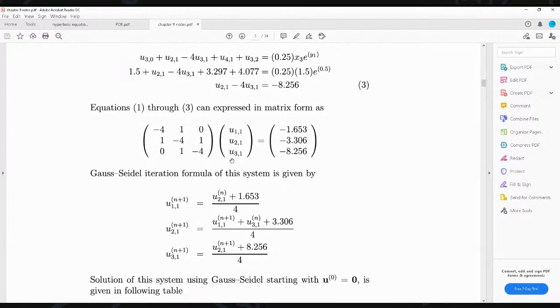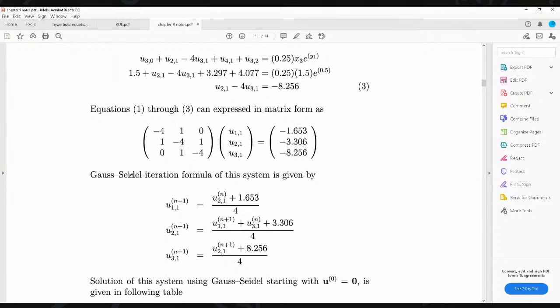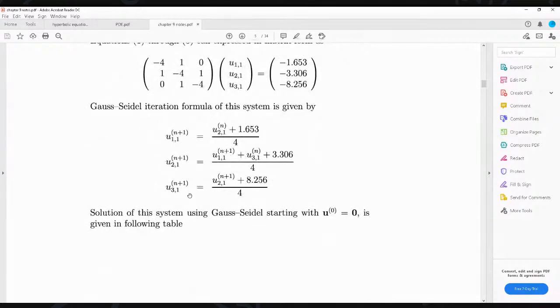So you have a 3 by 3 system. You can solve using Gauss-Seidel. You can also solve using the Thomas algorithm. Where is the Thomas algorithm? In chapter 2, page 58. All right, if you don't want to use an iterative method, you can use a direct method using Thomas.